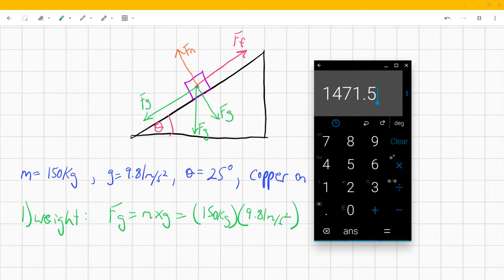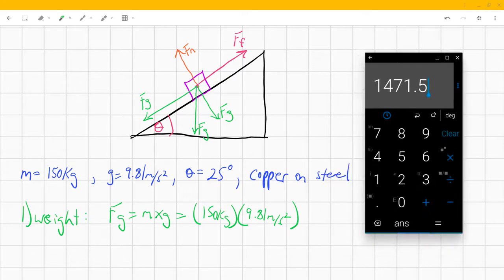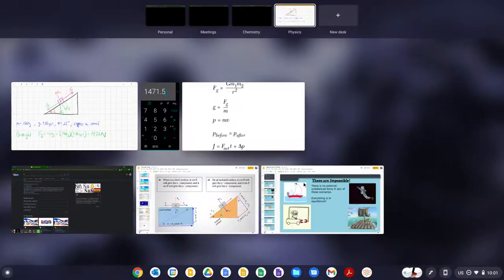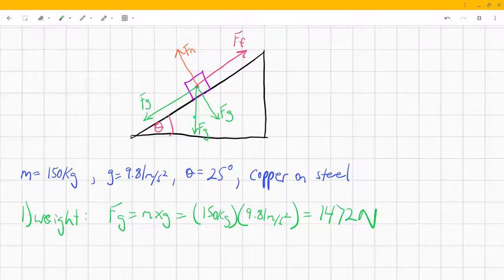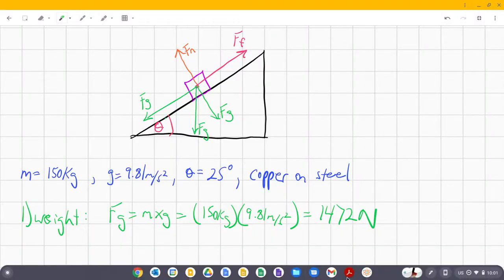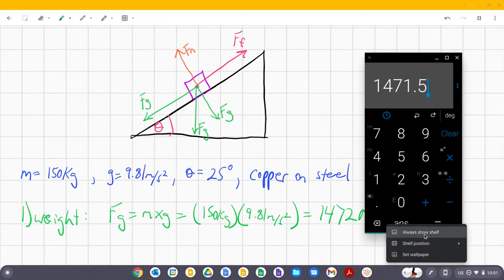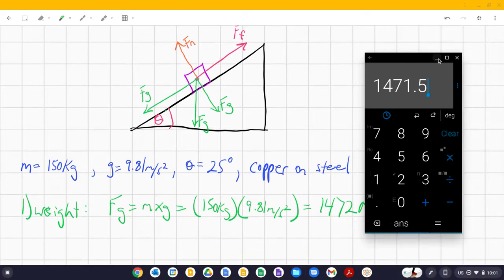I don't really care about significant figures in this current situation. We should care, but I want us to focus on how to solve this. So let's go with 1472 newtons. Was that correct? Let me double check that. If we round it, 1472 newtons. You know what? I might want that to stay there while we're working on this.